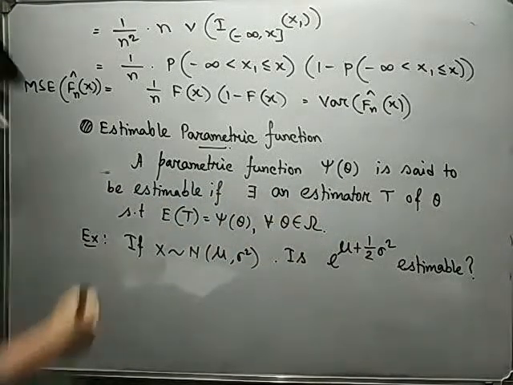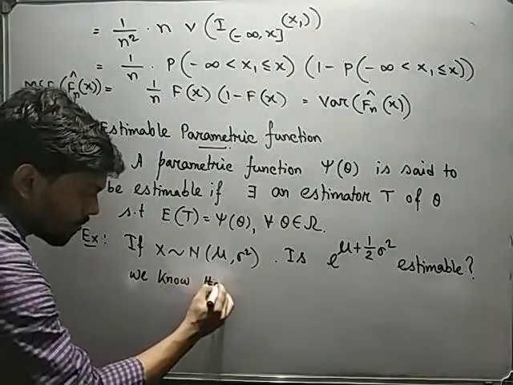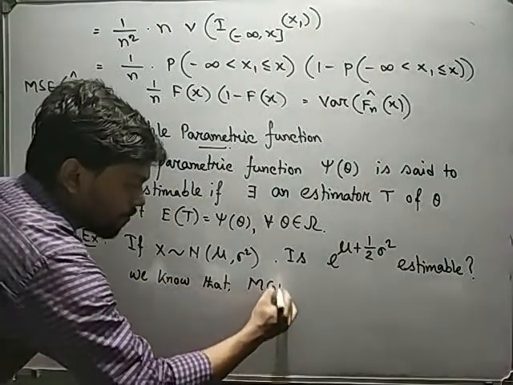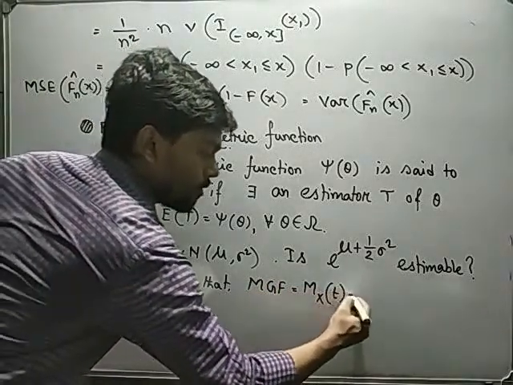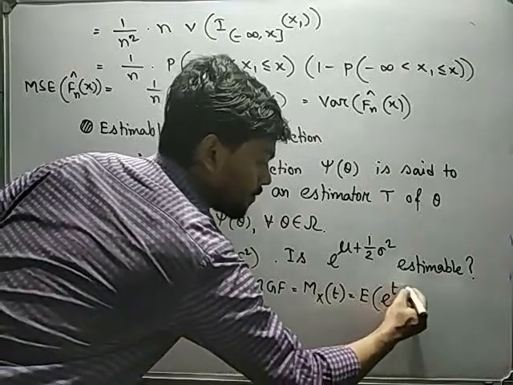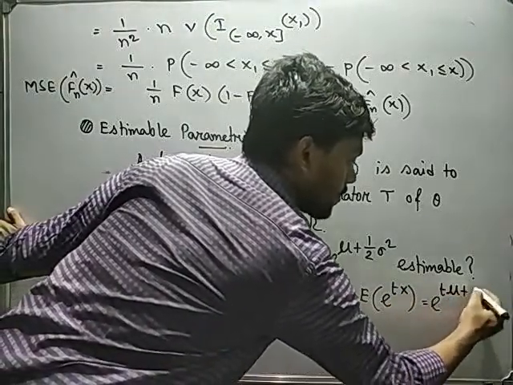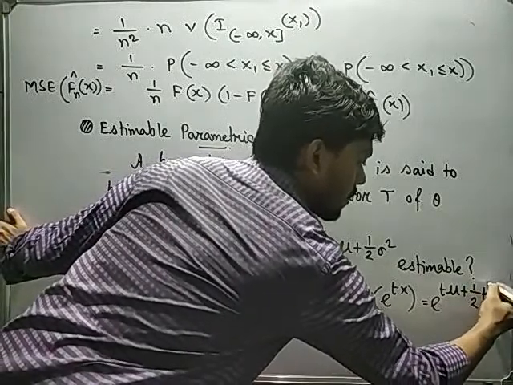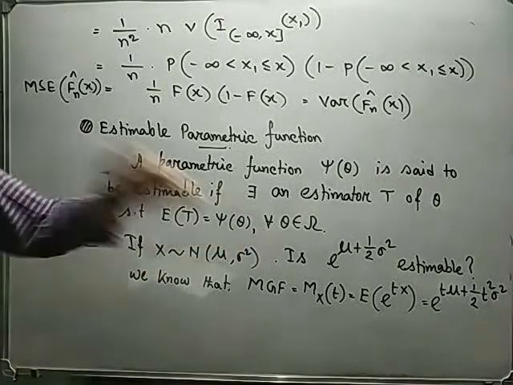Now you all know that the MGF, which you can define as M_X(t), which is the expectation of e to the power tX, is basically e to the power t mu plus half t square sigma square.